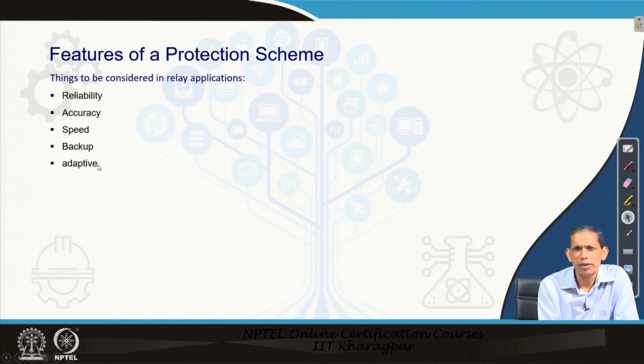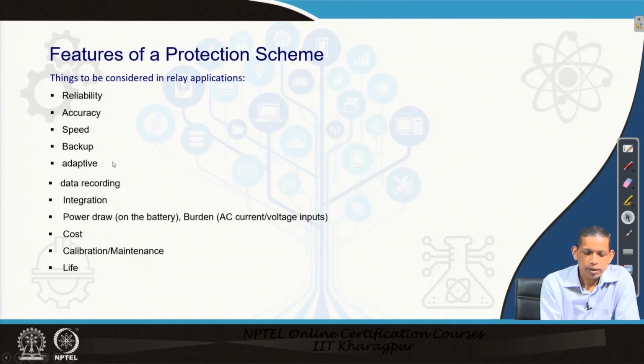The power system is dynamic, system conditions change always. The relay should adapt to the system condition, and during all such situations it should function accurately, properly, reliably. Today's numerical relays have the capability of recording data for further analysis.